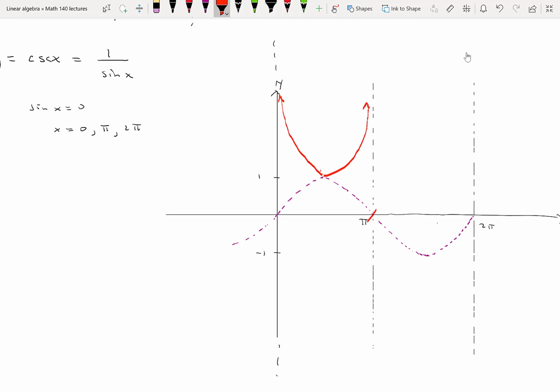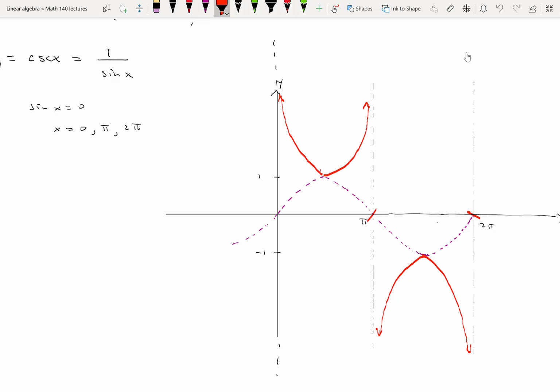Now we cut it here, we cut it here. So take this little portion right here and flip it upside down, holding the y value at -1 fixed, and flip that arc down and stretch it out.